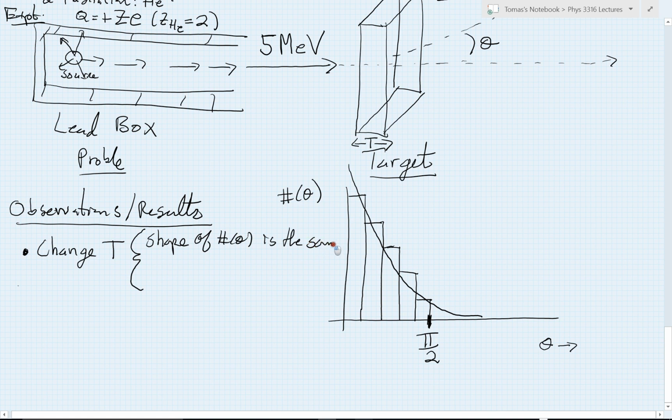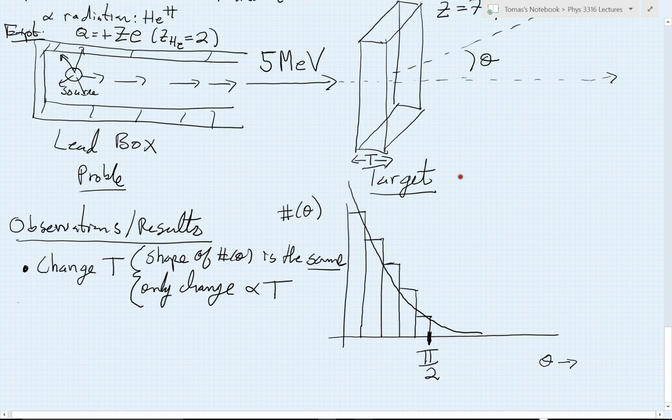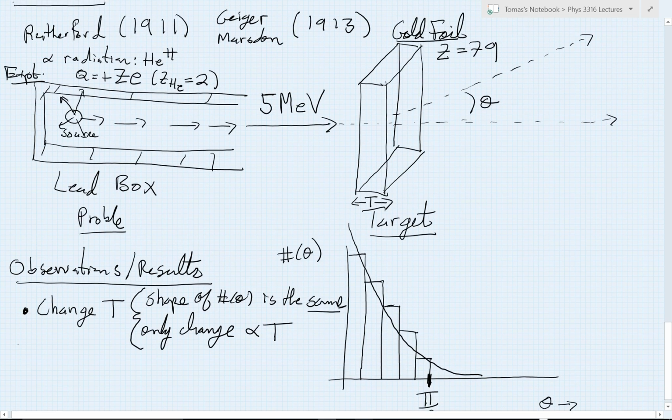The only change is that the number count you get is directly proportional to T. So what that means is, if I took this foil and just doubled the thickness of it, I would get exactly the same angles of scattering. I would just have twice as much scattering.